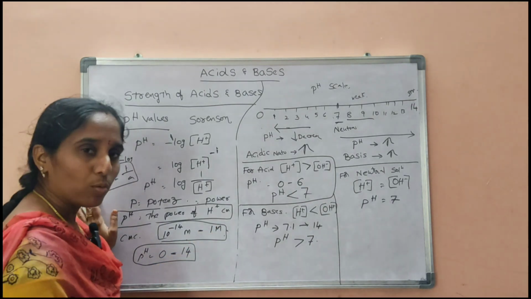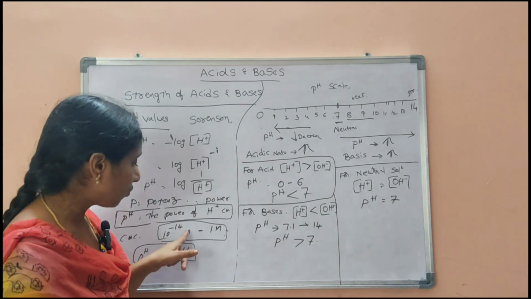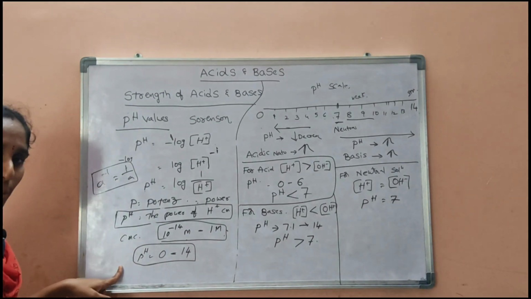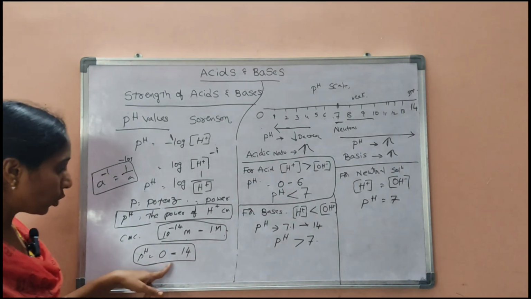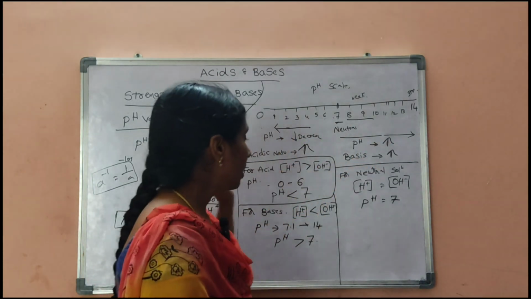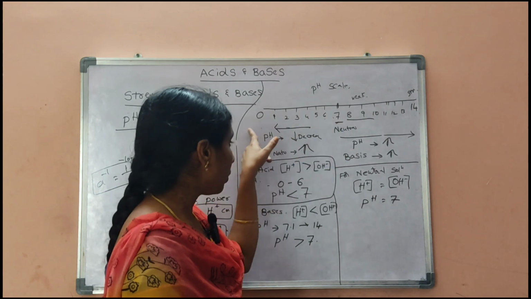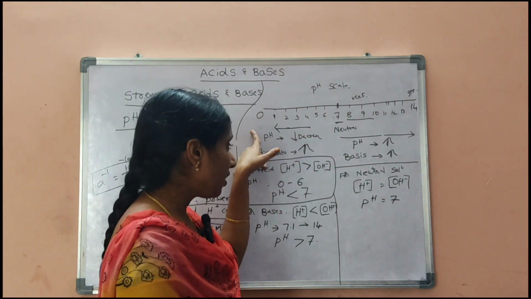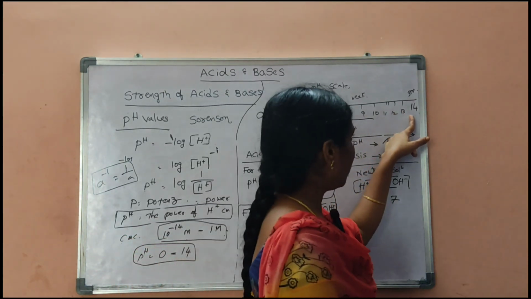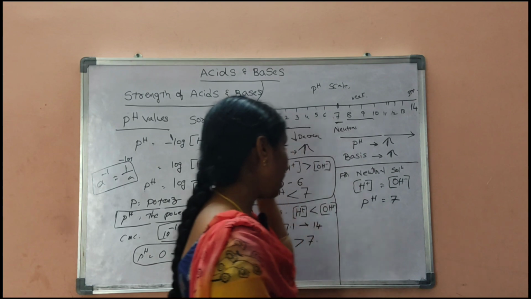The pH value is only applicable to solutions from 10 to the power of minus 14 M to 1 M. Here, the pH values will be 0 to 14. This is the pH scale. In the middle, 7 is neutral. From 7 to 0, pH values decrease and acidic nature increases. From 7 to 14, pH values increase and basic nature also increases.